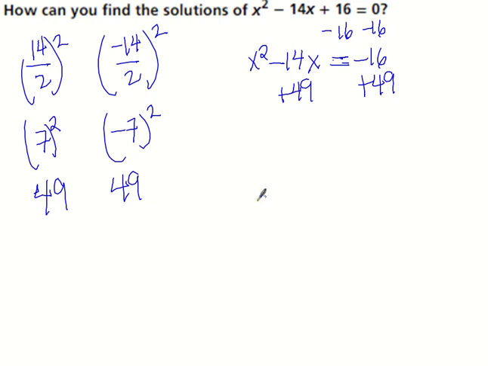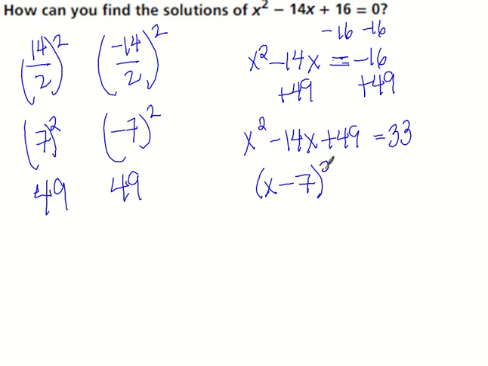So we would get x squared minus 14x plus 49 equals 33. That's what negative 16 plus 49 is. Now we would factor this, but we know it's a perfect square, so it's x minus 7 squared, because I need it to multiply to positive and add to negative, so there's where the negative comes in, equals 33.